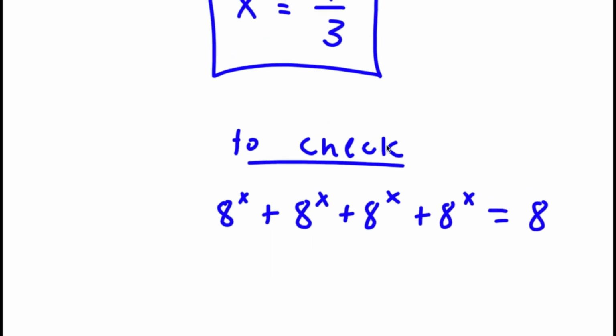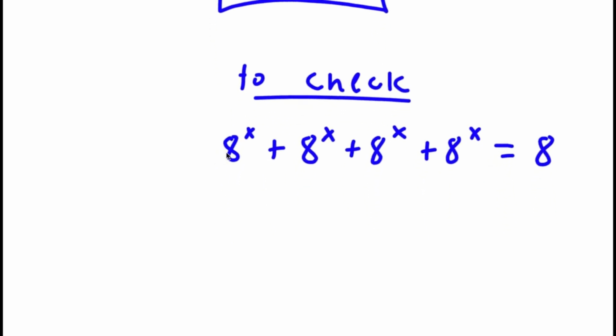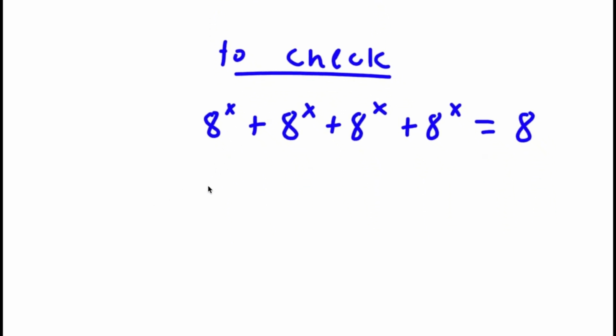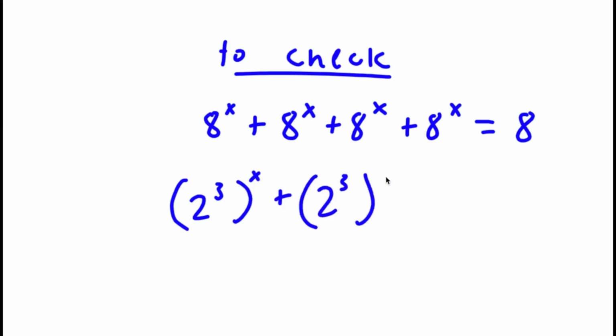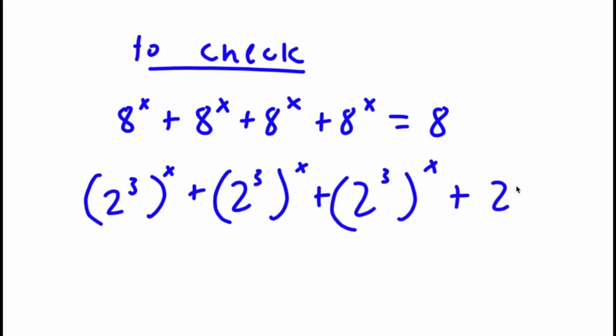So I know the value of x is 1/3, but before that, I'm actually going to change 8 to 2 to the power of 3. So now I have 2 to the power of 3 to the power of x plus 2 to the power of 3 to the power of x plus 2 to the power of 3 to the power of x plus 2 to the power of 3 to the power of x is equal to 8.